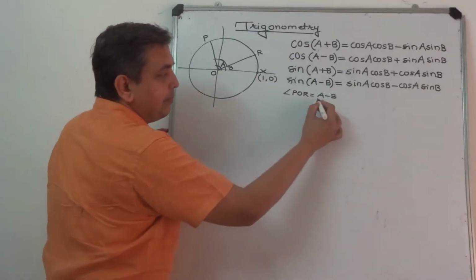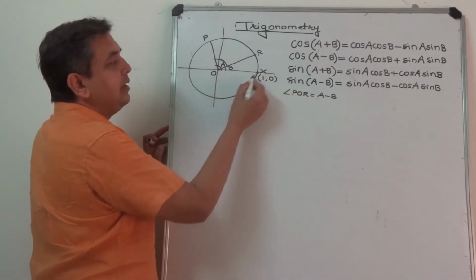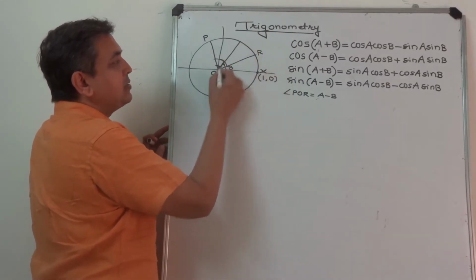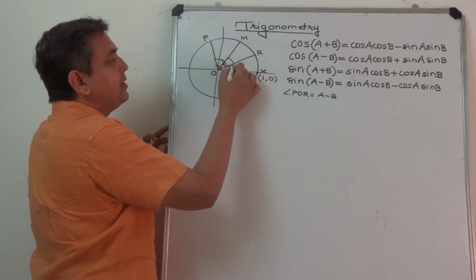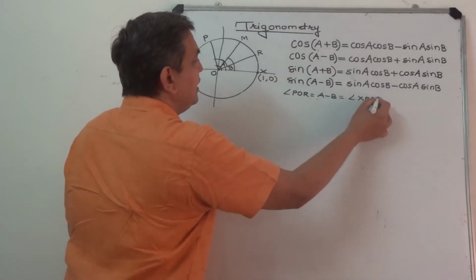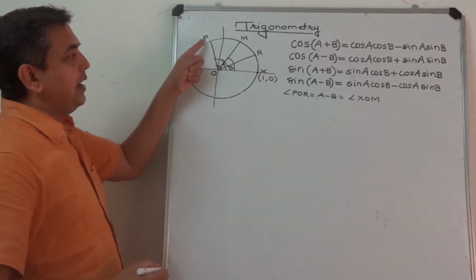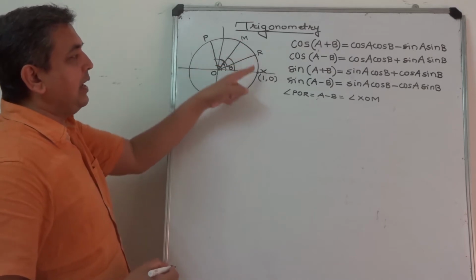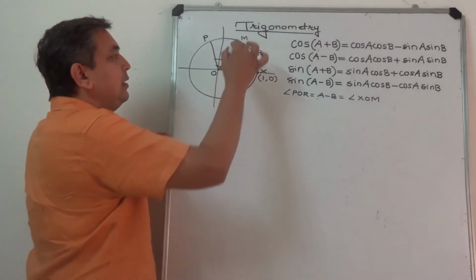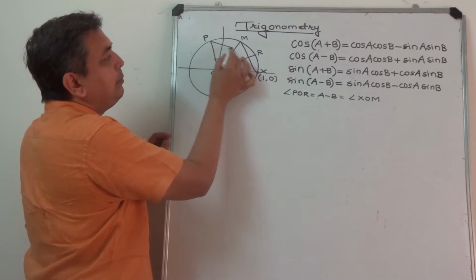So A minus B is some value. Let us draw an angle of A minus B degrees here. Suppose XOM, this measure is also A minus B. Can we construct this angle XOM? Yes. So what we have done is angle POR and angle XOM are both of measure A minus B. Now we join MX and we join PR.